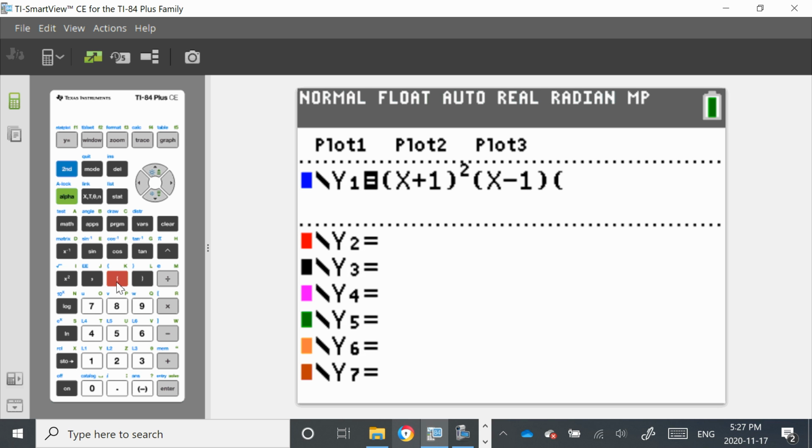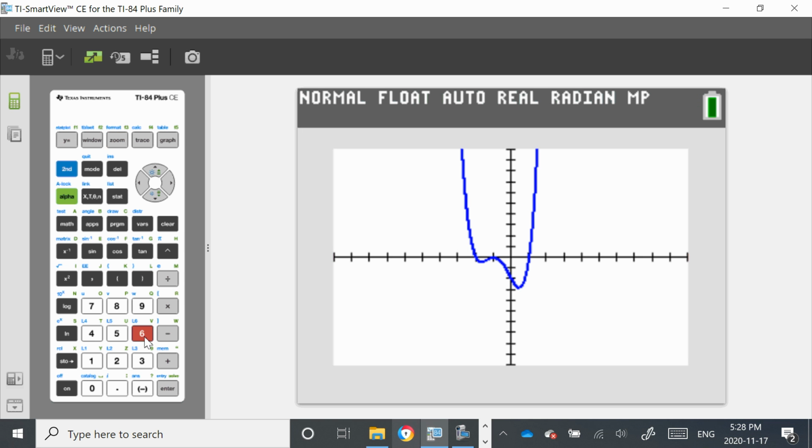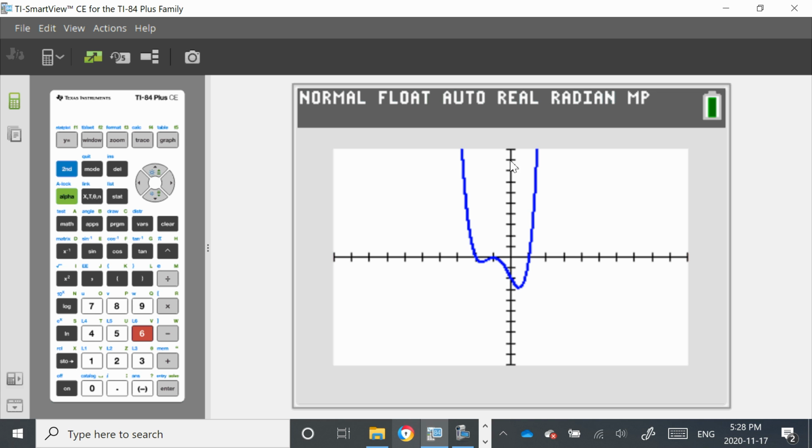Third factor was x plus 2. I'm going to do a zoom 6 because I changed my window with a previous example. So this is my graph here. The end behavior, the left arm and the right arm both rise. Here's my -2, it cuts through. Here it's tangent, that's my y-intercept. And here it's cutting through the zero of 1.